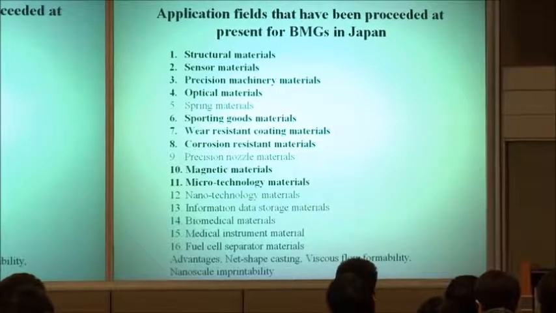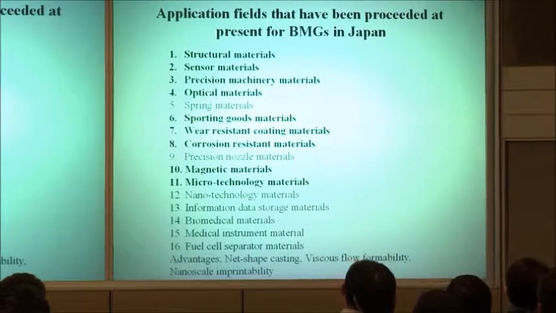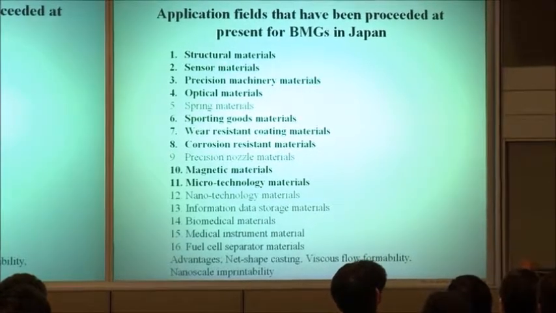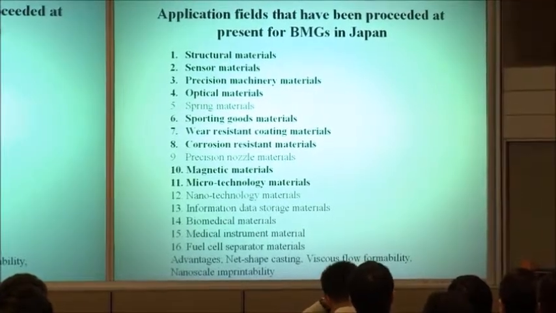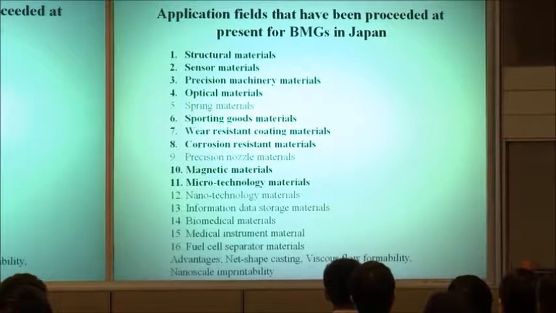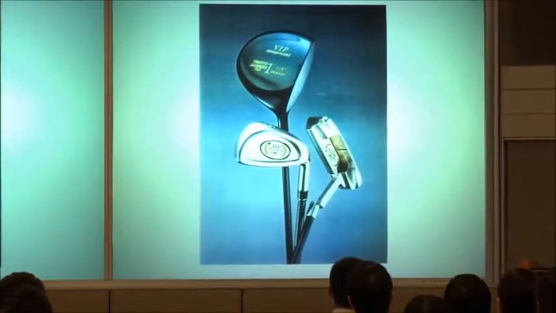Here I summarize the application fields that have been proceeding at present in Japan. The bold-faced letters represent materials that have really gained an application field. I'll show you some examples.